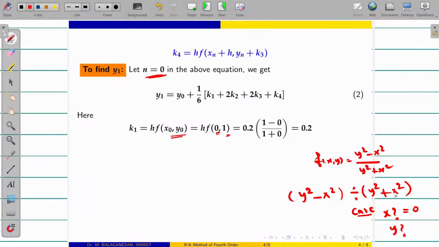Again, you have to give the y value 1. If you give 1 and then press the equal to button, you can easily get the answer, 0.2. This is the way we insert the formula and get the answer in the easiest way.